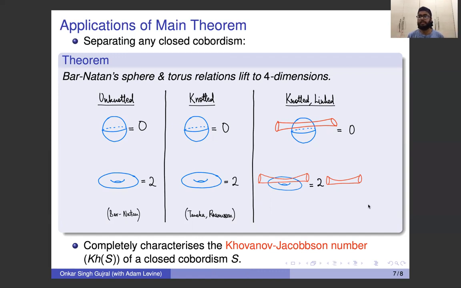So this map is described by multiplication by an integer. And previously this was completely characterized by the genus for cobordisms with 1 component. But now if you have multiple components, you can sort of separate them by virtue of our main theorem and then use the known characterization for each individual component.